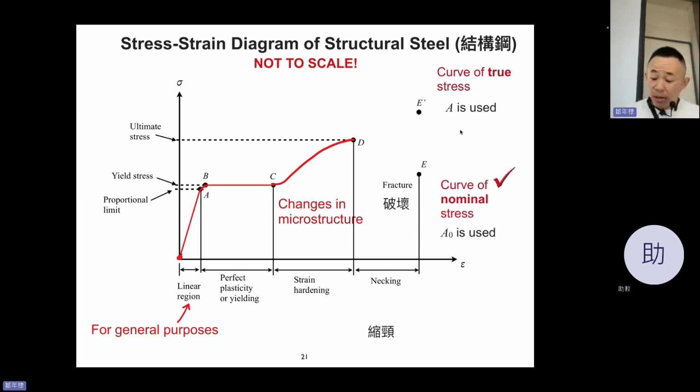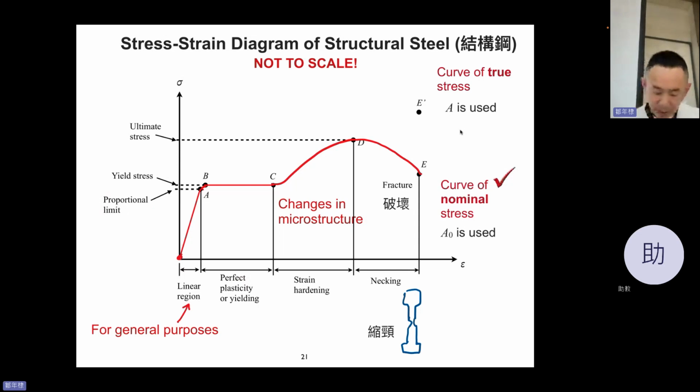But if the tensile test is still undergoing, it will reach a limit called the ultimate stress, which means that it cannot afford any more, and then it will fracture. You can imagine that necking happened, as in the video.